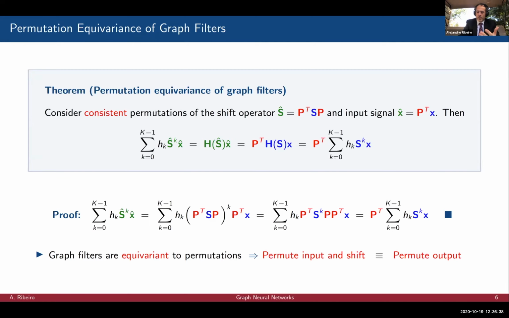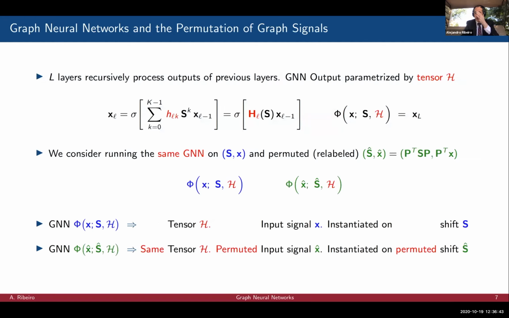Of course, you ask whether this is a property that graph neural networks will have or not. The answer is yes, but just to be specific, the definition of the graph neural network is here. We have filters that we apply at each layer, and these filters are composed with a pointwise nonlinearity. The output of the GNN is the output of layer L. We are now running the same GNN on the shift operator S and the shift operator S hat, applied to signal X and signal X hat.